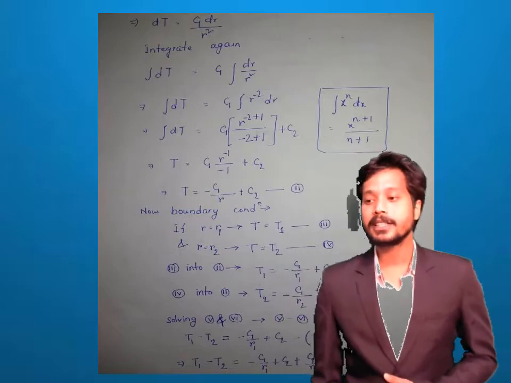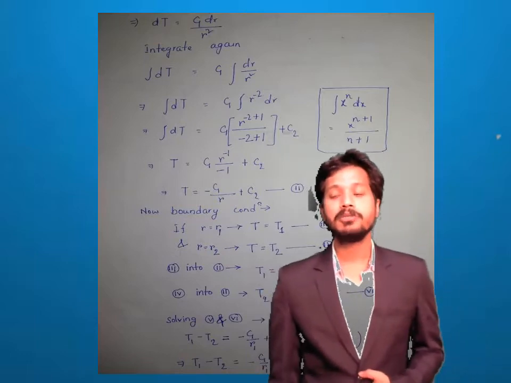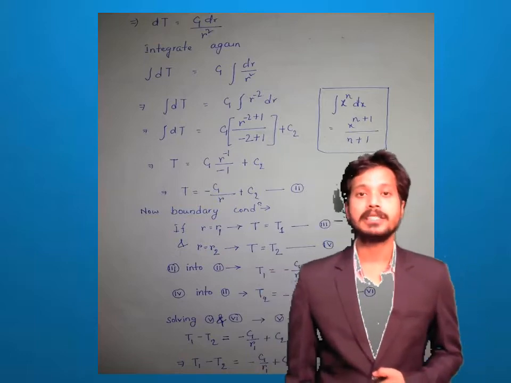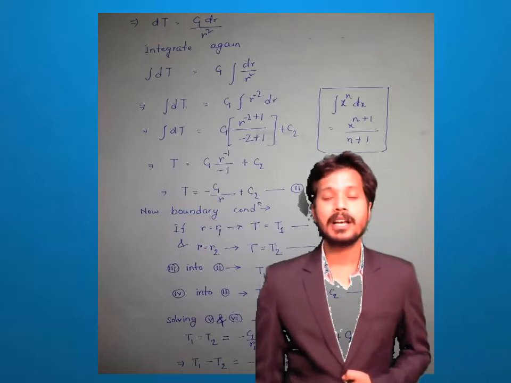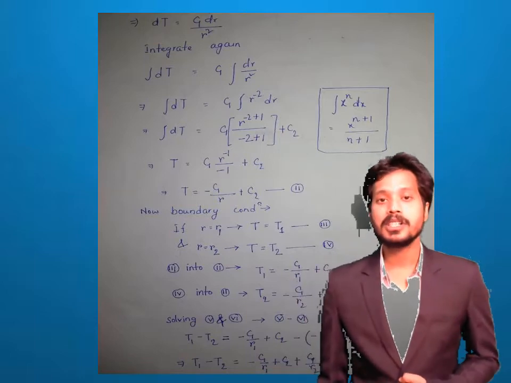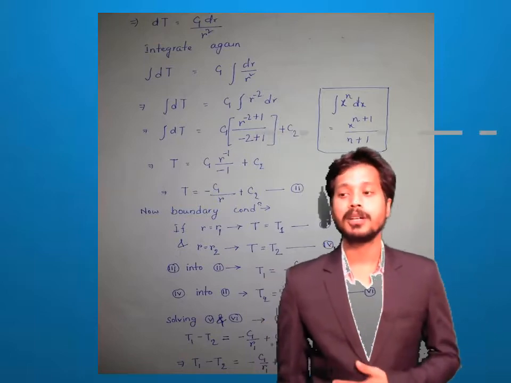Now if we integrate both sides once more, we can write integration of dT equals C1 into integration of dr by r square. This C1 is constant, so I can take it out of the integral.